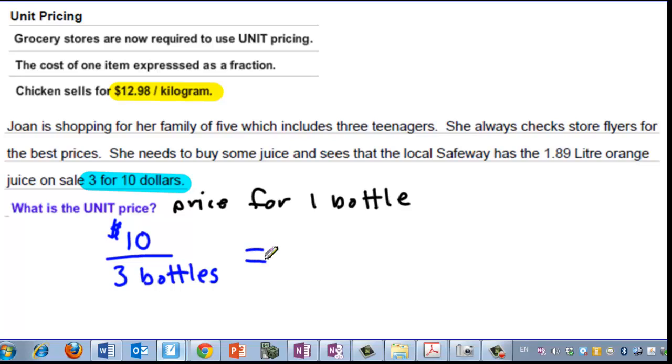When we do this division, we end up with $3.33 per bottle. This is called the unit price.